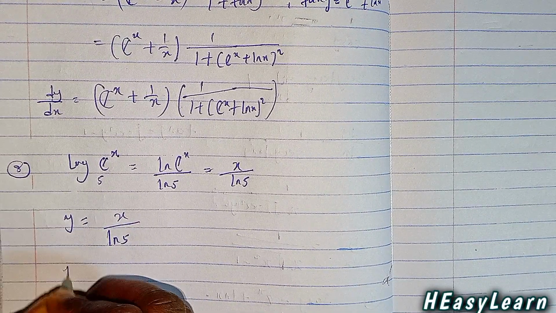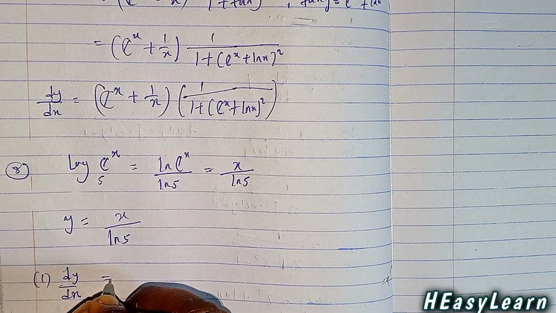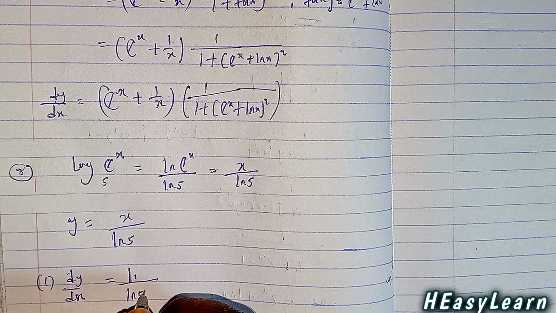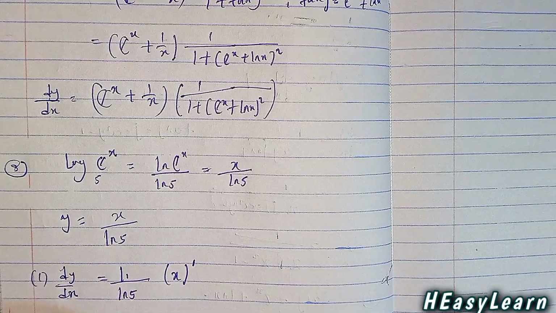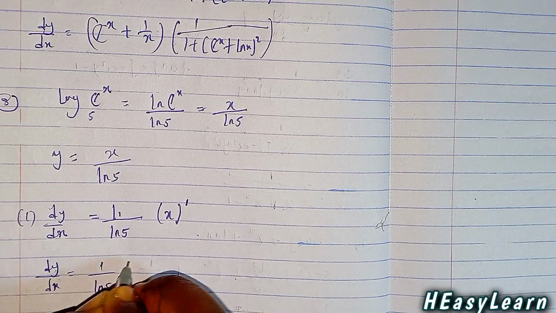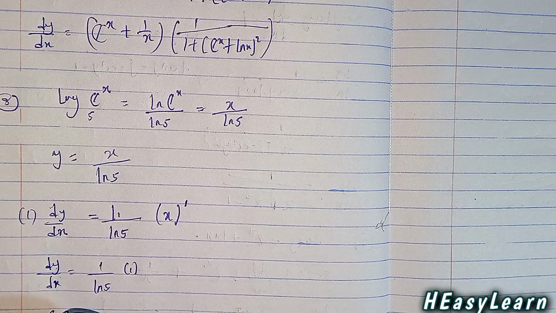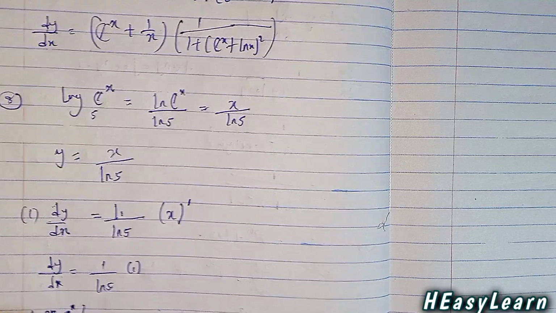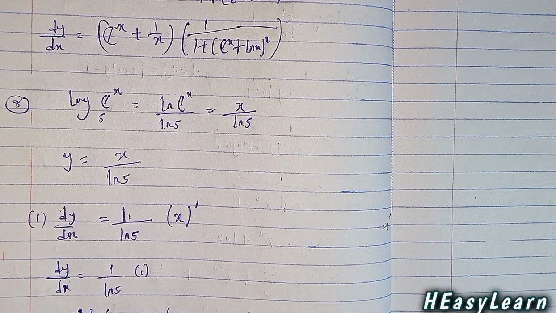Differentiate implicitly: dy/dx equals, what is the differential of this? 1 over ln 5 is a constant. You are going to differentiate x. dy/dx equals 1 over ln 5 multiplied by 1. So the derivative of the function log of exponential x to base 5 is 1 over ln 5.